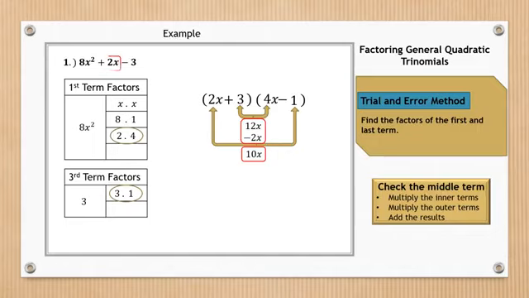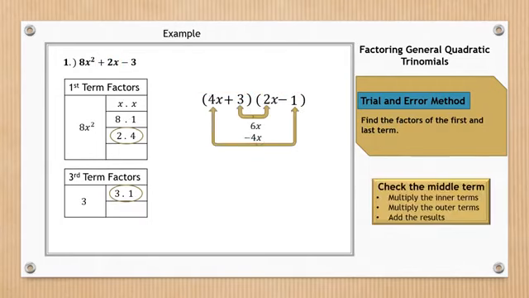So, check if this is correct sa middle term natin. Okay, this time, hindi na naman tama. Okay? Pero yung sign, tama yung sign natin, no? Positive. So, meaning, this is not the right factors na nakuha natin sa trial and error. Okay? So, anong gagawin natin since this is wrong? Okay.